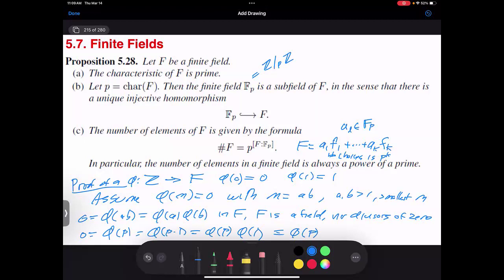And so if the characteristic is not prime, if I can write it as A times B, then this contradicts the fact that M was supposed to be the very first time we had to go to 0. Because phi of a product is the product of the phis. I don't have divisors of 0. So one of these has to be 0. And so M is not going to be the smallest thing that works.